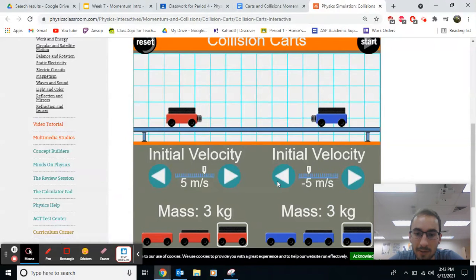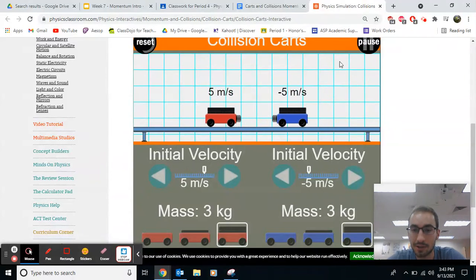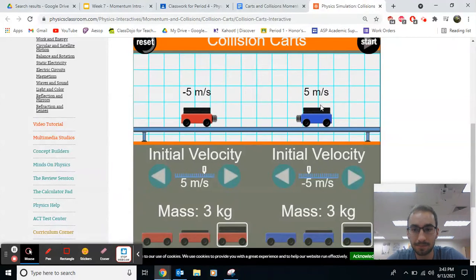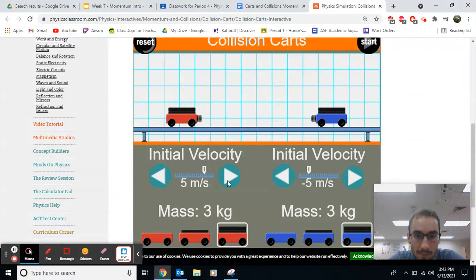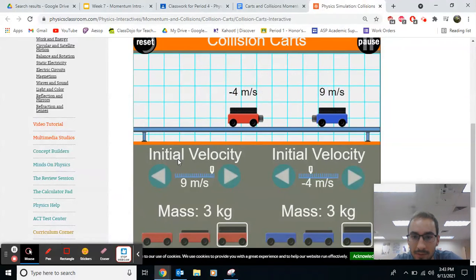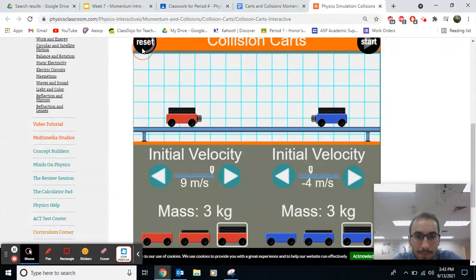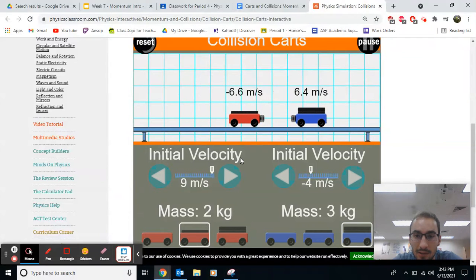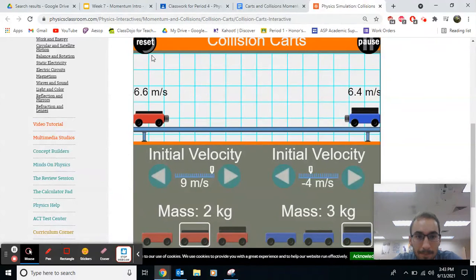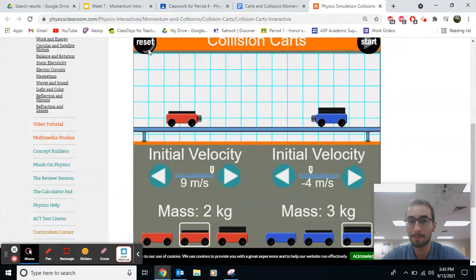You can make them both heavier, see how that changes it. You can make one of them go faster or slower, and see what happens. You can make one heavier than the other, see what happens. Okay? It can get really complicated.